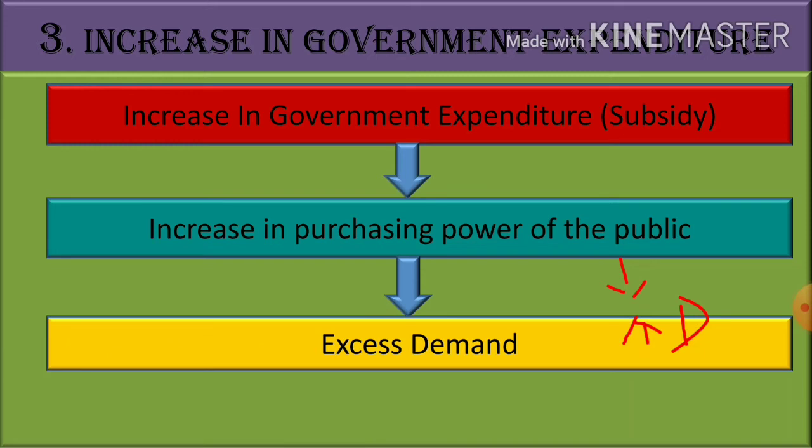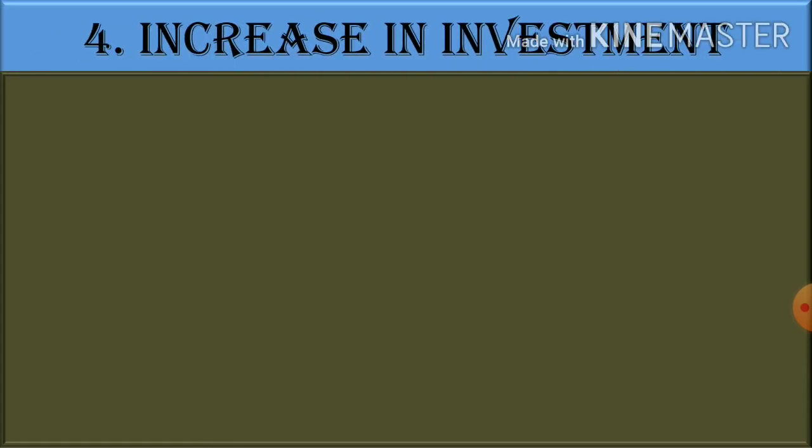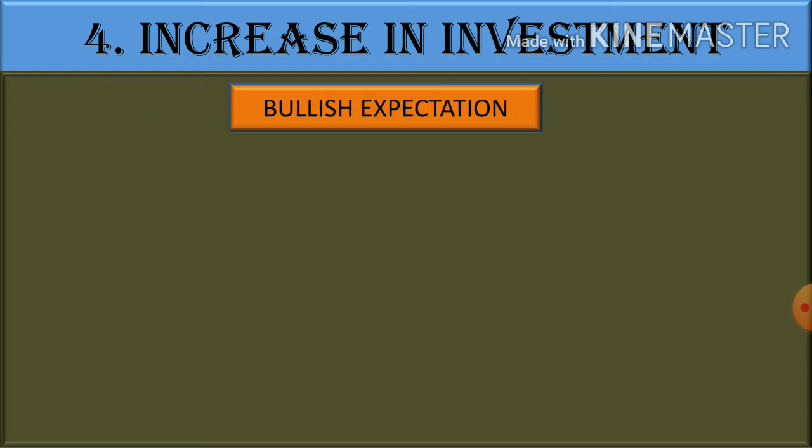The next reason is increase in investment. If there is bullish expectation, that means when an investor expects a high return on his investment, that kind of expectation is known as bullish expectation.